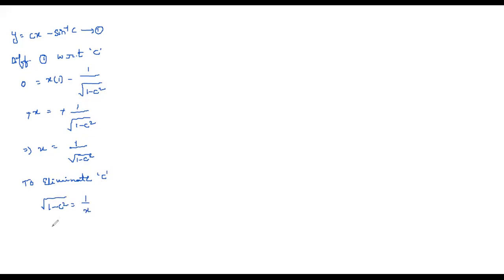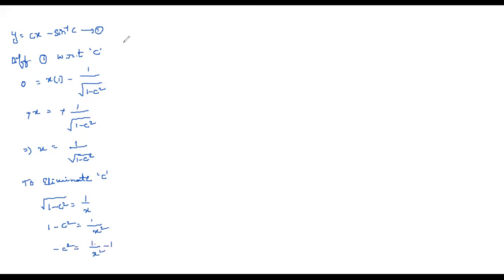Squaring on both sides, we get 1 minus c square is equal to 1 by x square. Then minus c square is equal to 1 by x square minus 1.